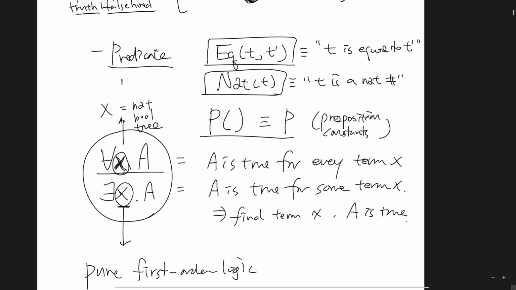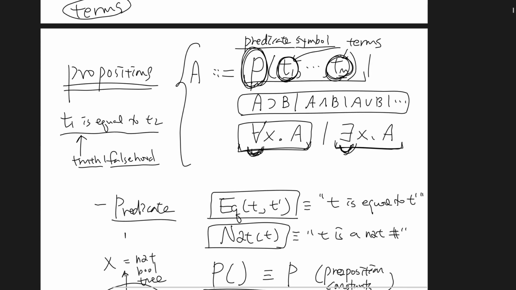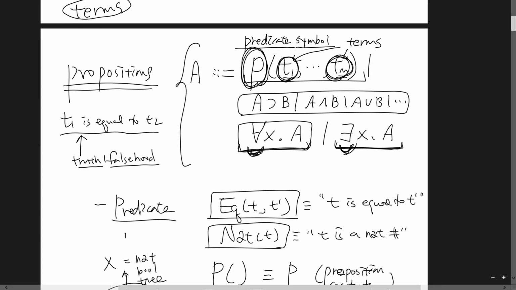And now we have introduced these quantifications. Now we can use variables. This quantification introduces a new variable, a term variable. And this quantification also introduces the new term variable x. Because this x is a term variable, it gives rise to several forms of substitution.